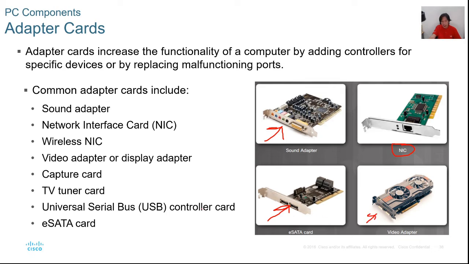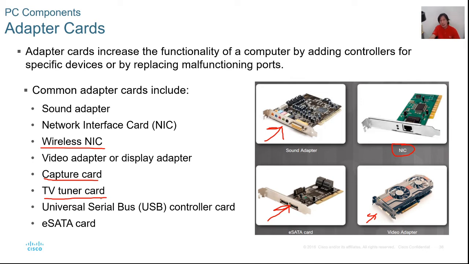Other types of cards which are not here in the pictures are the wireless network cards and capture cards. We use a capture card for capturing live streaming, or if you want to use your web camera to record to your computer. If you want to watch television channels from your computer, then you will need a TV tuner.